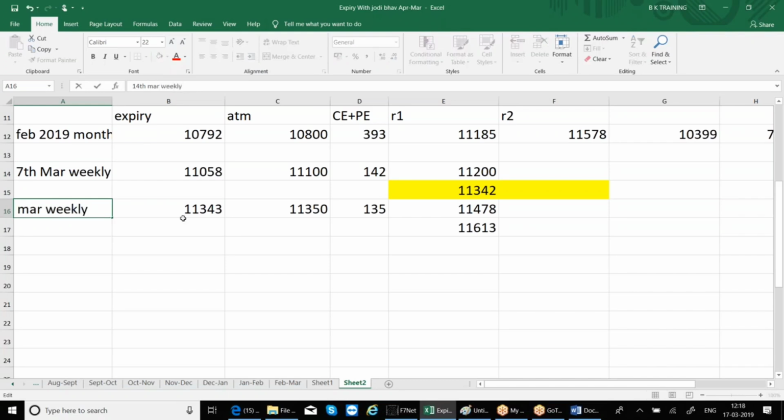These are all spot or future? Spot I will take because futures I don't know when Nifty comes in premium or discount. So my spot levels touch that and I'm out. Right?